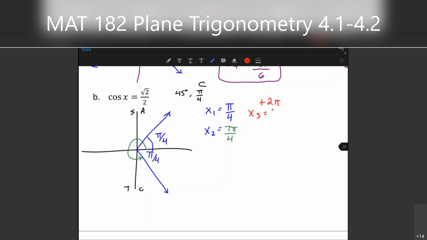I believe that would be 9 pi over 4 for the first solution. And then what would be our last solution, x4? If we had a coterminal angle for 7 pi over 4.